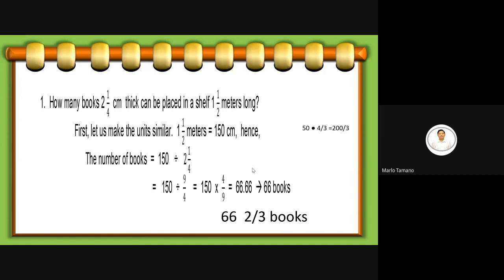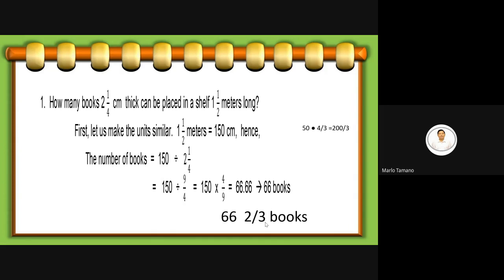So, ibig sabihin, 66 pieces ang magkasya doon sa 1.5 meters long na shelf lalagyan ng libro. Okay? Sir, yung 2/3, hindi mo na pwedeng isaksak pa yung 2/3 na yan. Kailangan sirain mo yung libro.